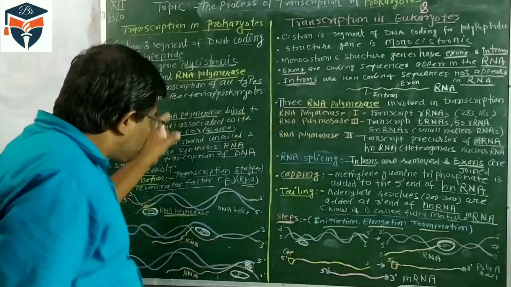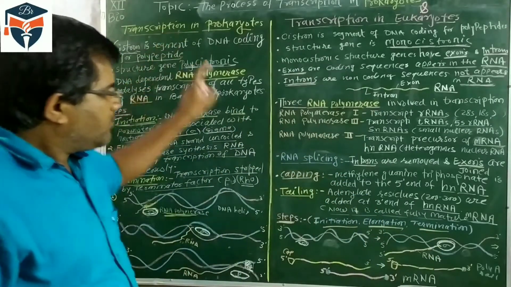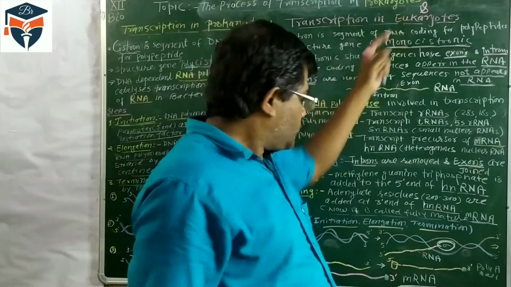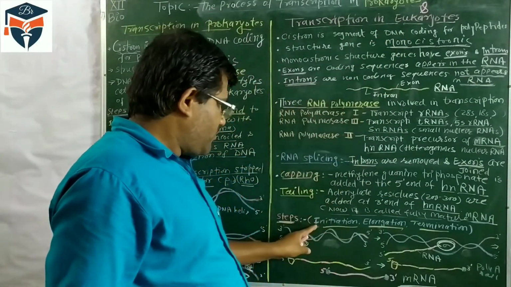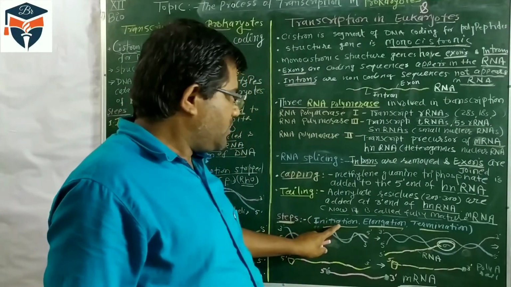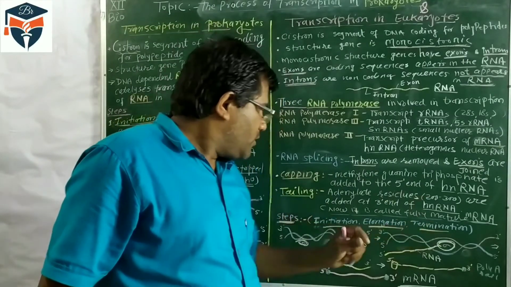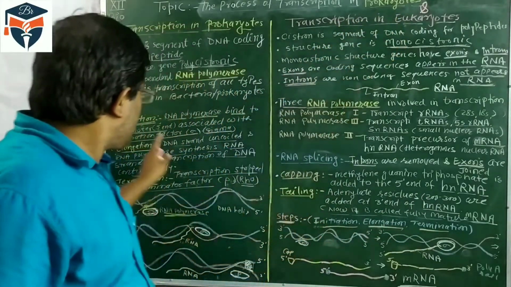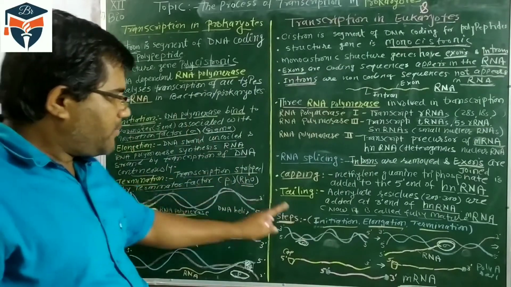Like the prokaryotic transcription, the same processes occur in eukaryotes. So in eukaryotes also we have three steps of transcription: initiation, elongation and termination. What happens in elongation in the eukaryotic also? The same thing will come. Here RNA polymerase will bind.